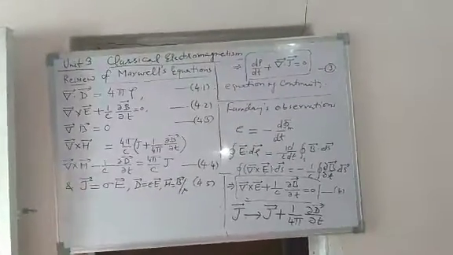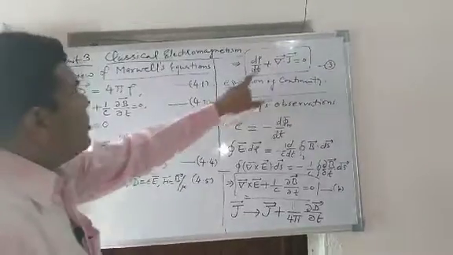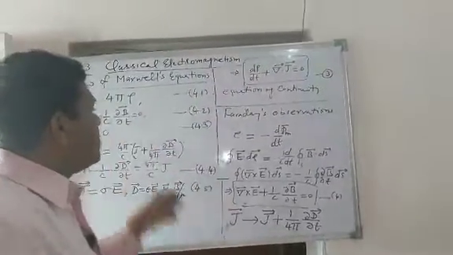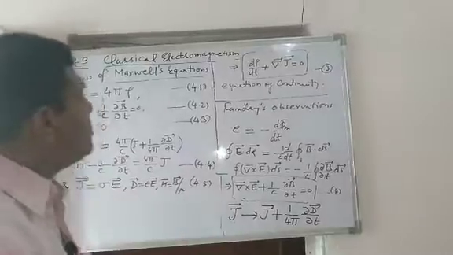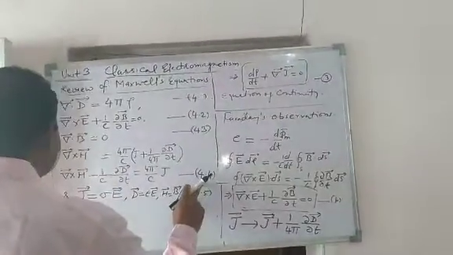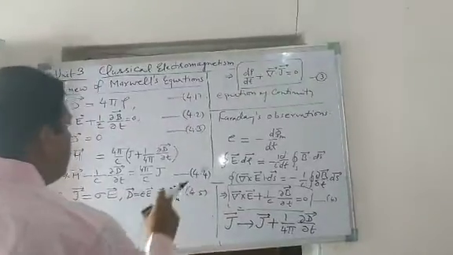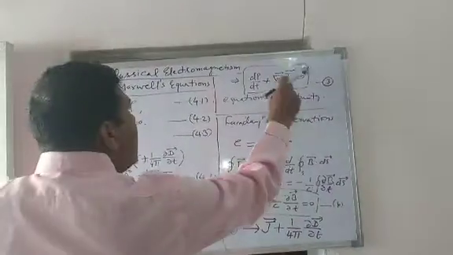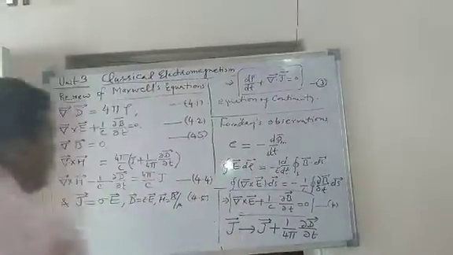Now, to make sure that this change in J is working, let us again take the divergence of equation 4.4 to make sure that we indeed get the equation of continuity.